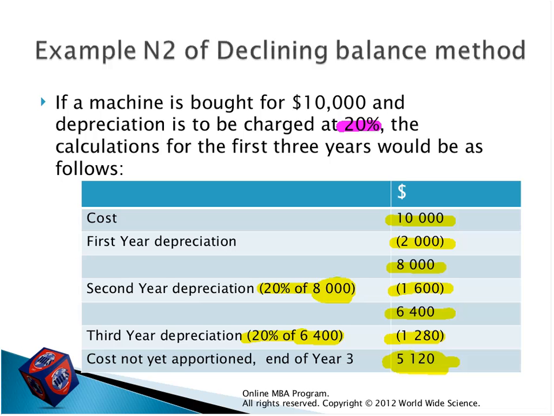Okay, the main question, as I can see, is about the percentage depreciation rates, right? How can we find them? You see, in example number 2, it's already given how much the depreciation rate would be for this machine. How much is the depreciation rate? It's 20%, right?